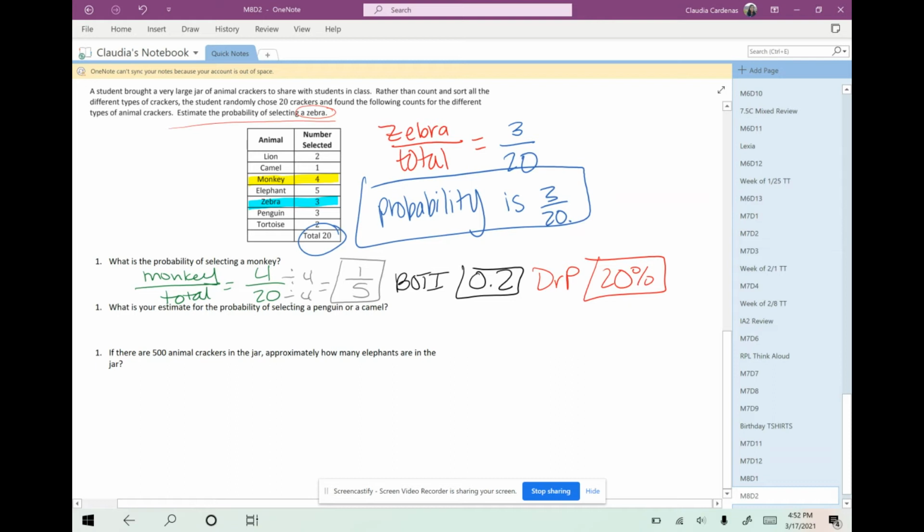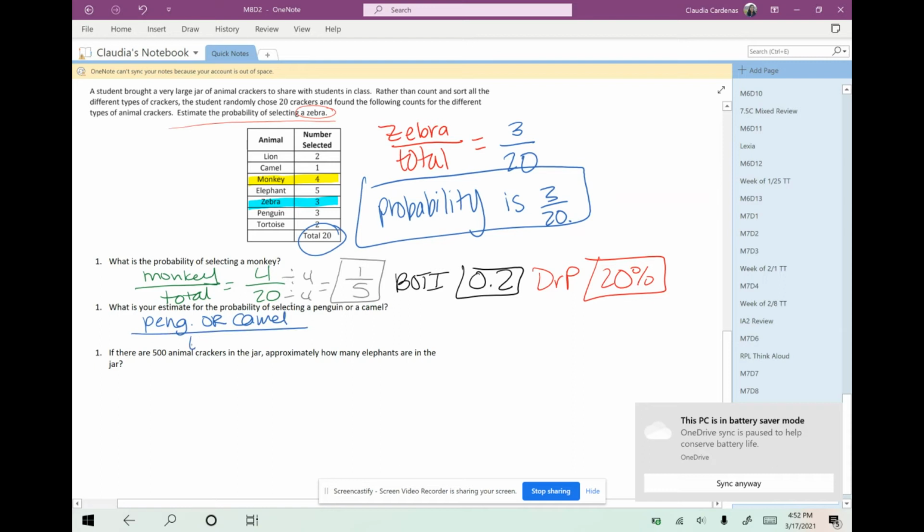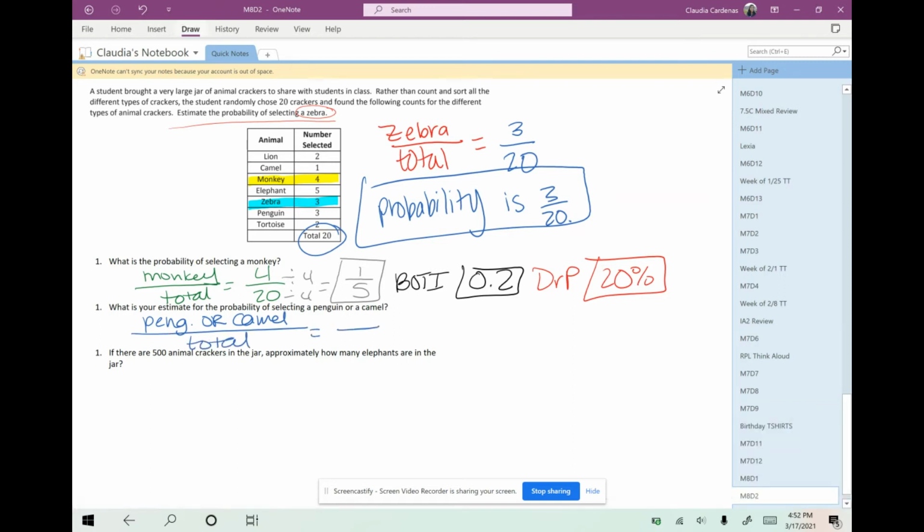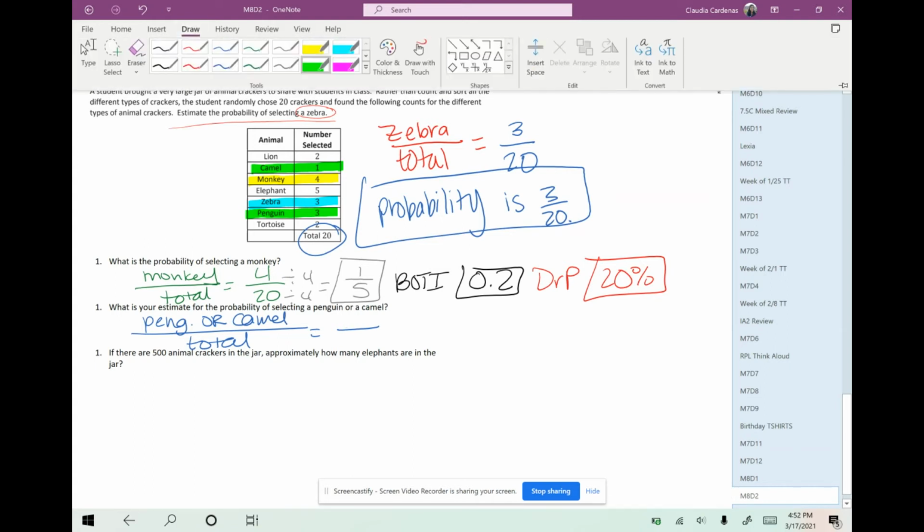What is your estimate for the probability of selecting a penguin or a camel? I'm going to write penguin or camel compared to the total number of animal crackers. In this case, we're okay with both animals, so I'm going to highlight penguin and camel. I see that there are 3 penguins and 1 camel.